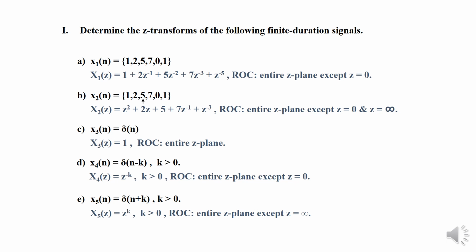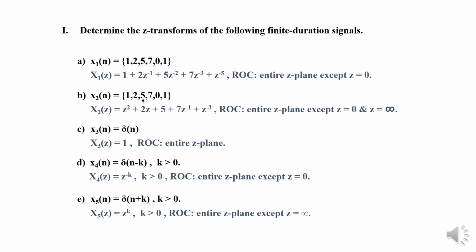Then part D, x4n. x4n is equal to delta n minus k, and k is larger than 0. Larger than 0 means delta n minus k will exist on the right hand side, right? So if you apply the z transform, x4z will be z to the power minus k, right?